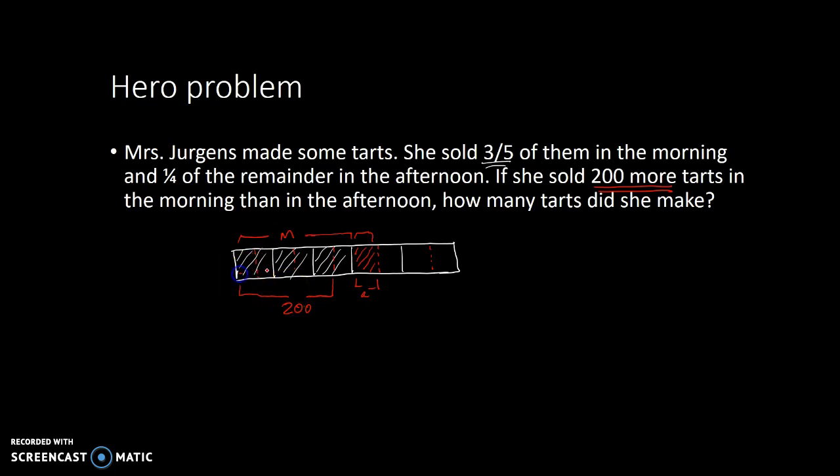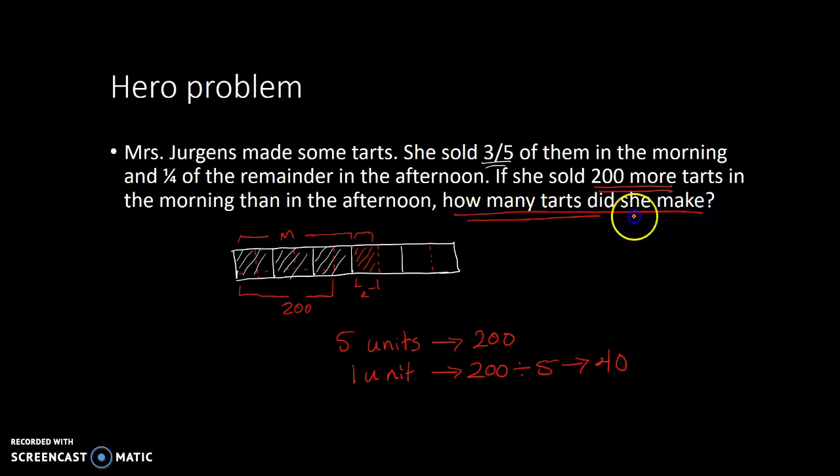So now I have 1, 2, 3, 4, 5 units. That equals 200. 1 unit is going to be 200 divided by 5, which will equal 40. And my question is, how many tarts did she make total?